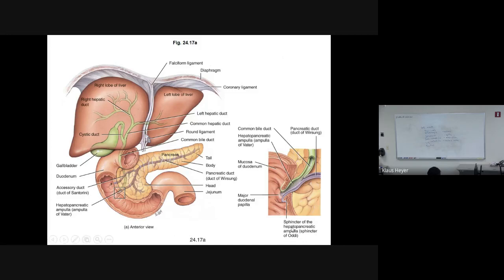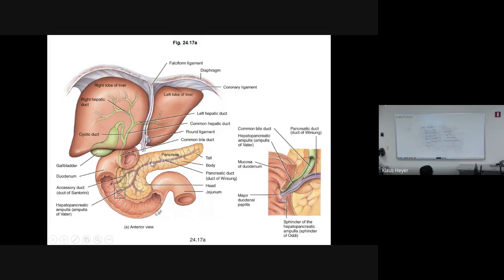Big words are easier words. Hepato meaning liver, pancreatic meaning pancreas. Whenever you see the word hepato, like hepatitis, that's an inflamed liver. And ampulla is like another word for a sphincter.